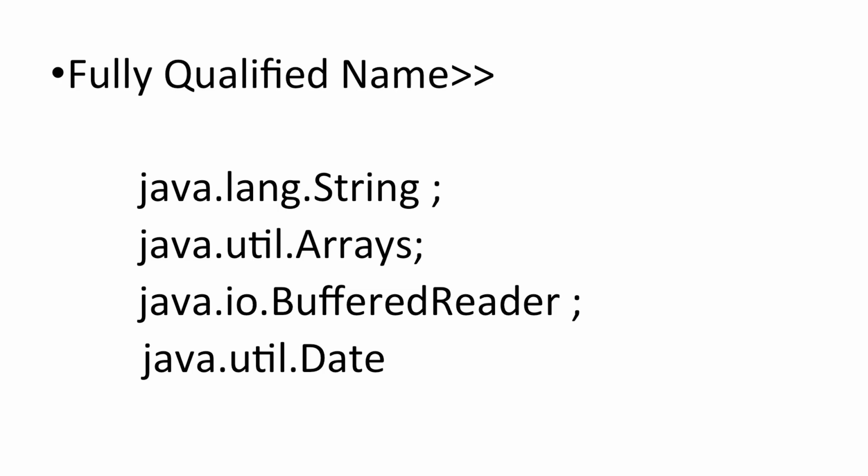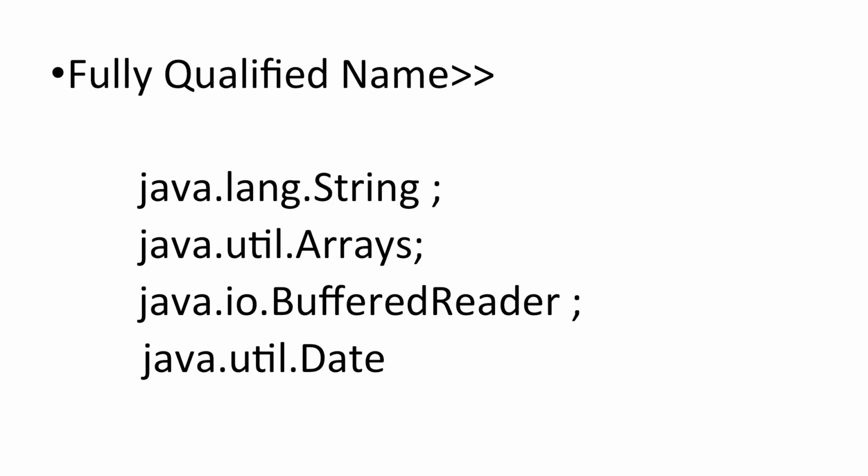Fully qualified name, java.lang.String. In this, java is a package, lang is also a package, and String is a class. java.util.Arrays, java.io.BufferedReader, java.util.Date. Learners, one thing I would like to add, that packages start normally with a small case letter. For example, here java.lang. J of java is small case.